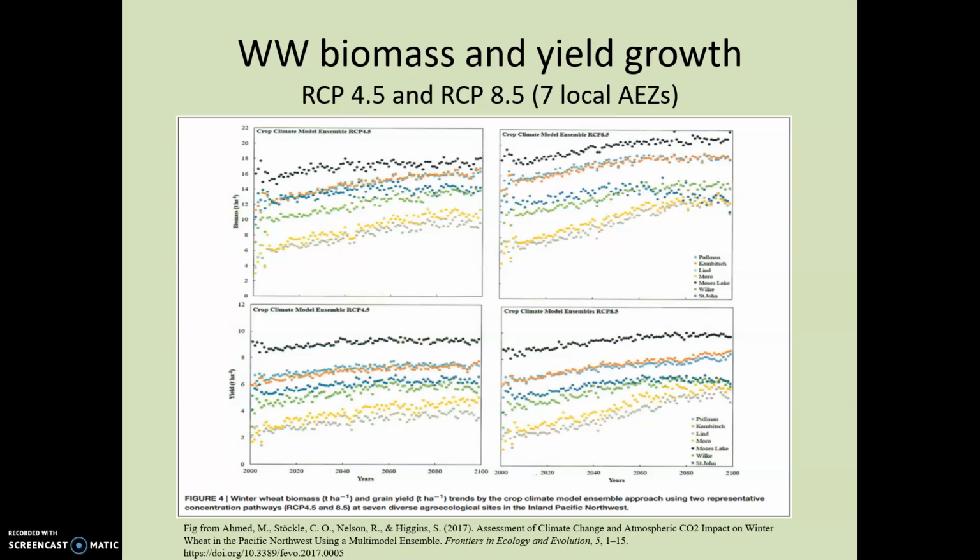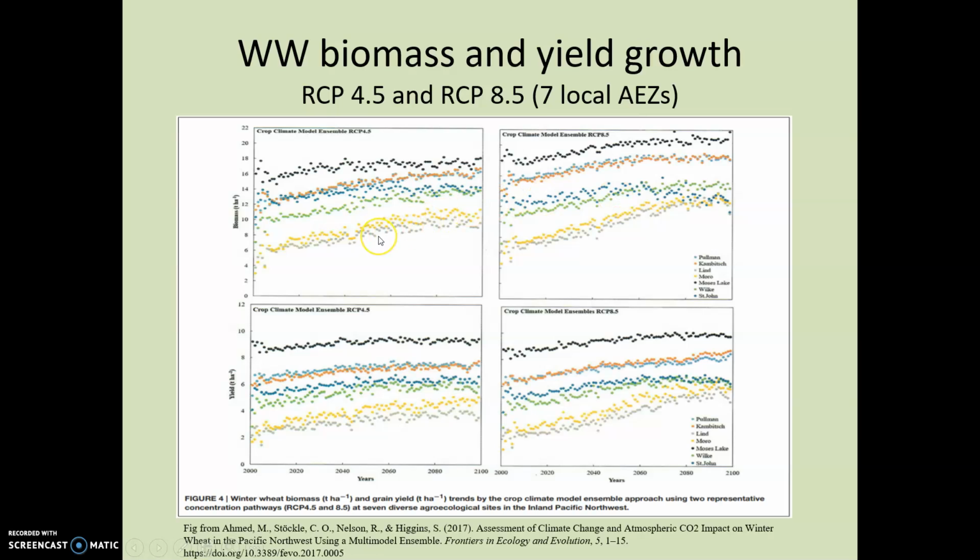Another slide looks at winter wheat biomass and yield growth in two different RCP scenarios, a lesser 4.5 and then the higher emission scenario 8.5. These are seven local agroecological zones, so we can see Pullman, Cambridge, Lind, Moses Lake, St. John. If we look at the years going forward, 2000 to 2080 at the end, we can see biomass gains across the board, especially in these drier areas.